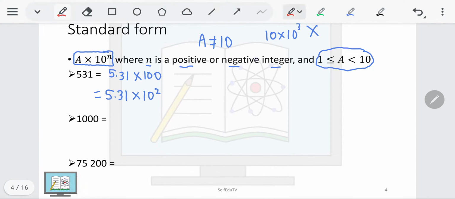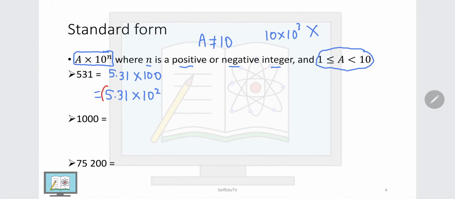But please take note that this number must be between 1 and 10. So 10 is not included.